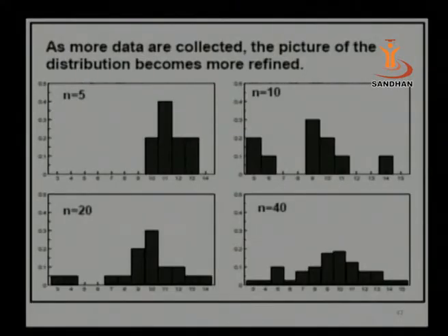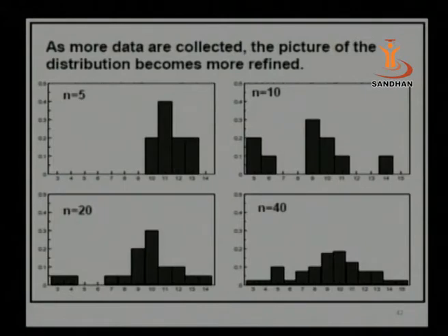You can follow. Here for n equal to 5, the data is not looking like a perfect normal, but for n equal to 10, 20, and again when you approach n equal to 40, it is going to look like a normal distribution curve. You can see the curve like a normal distribution, meaning bell shape.